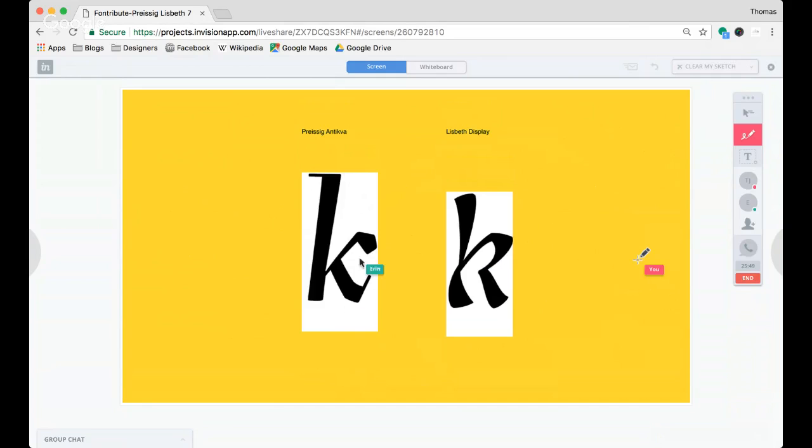Yeah. Also interesting, notice they chose this sort of ball terminal type thing on the K, whereas in the G, you'll notice the ear was a triangle. So not everything is treated literally the same. And Lisbeth, I did include this because this is a very distinctive feature of the typeface. There's a lot of open space happening throughout here.